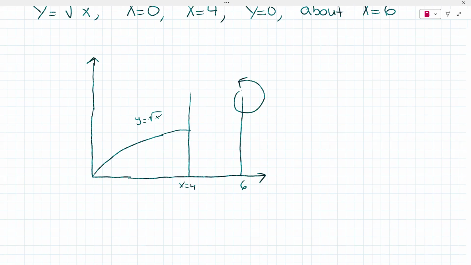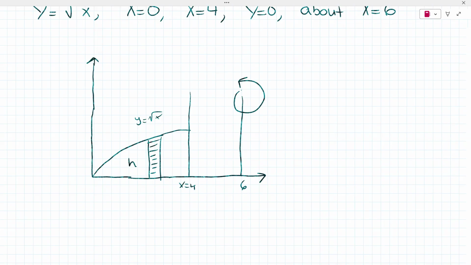Okay, so if we're revolving around x equals 6, I believe our slice will be vertical like this. And I believe our terms will have to be in terms of dx, or x.